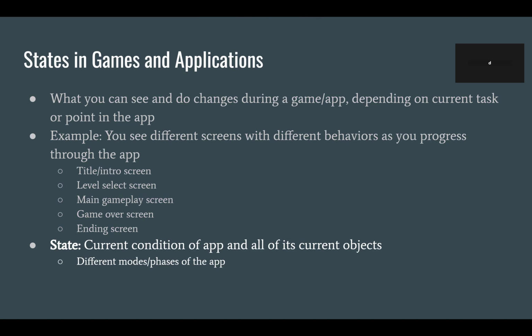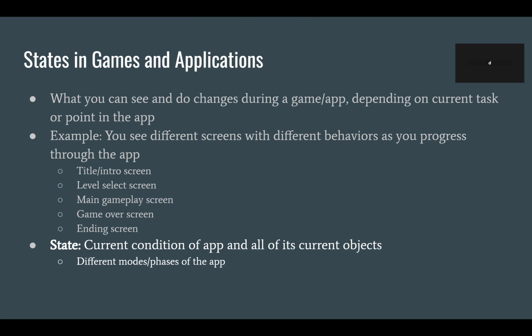Maybe you can click a button to launch the game, or you might have a file select or something like that, right? And then you might have a level select screen. So now on this screen, it'll look different than the title screen, and the things you can do on that screen are different from the title screen.